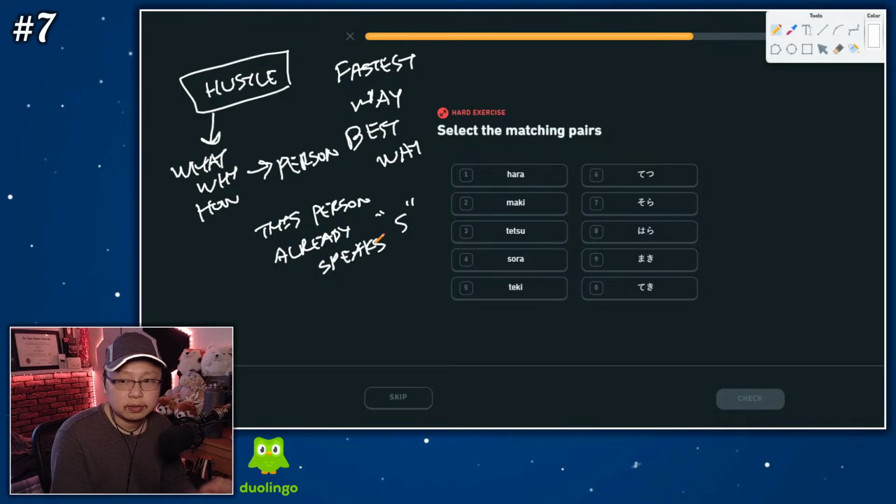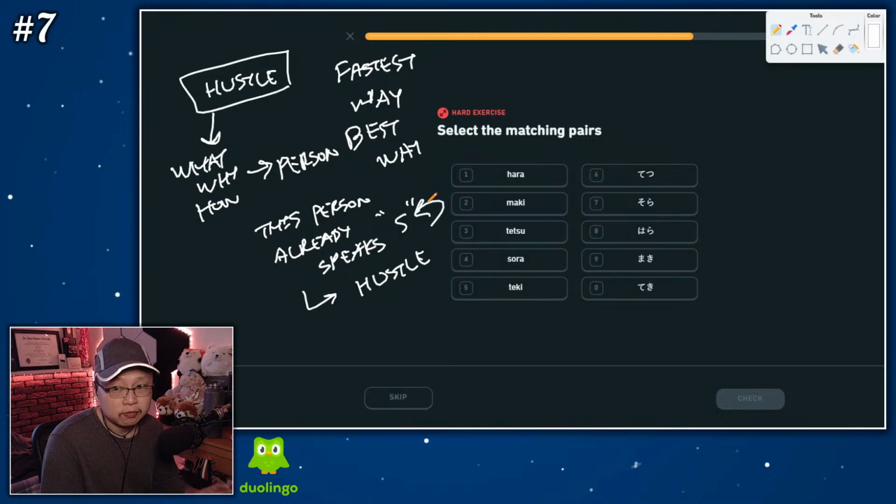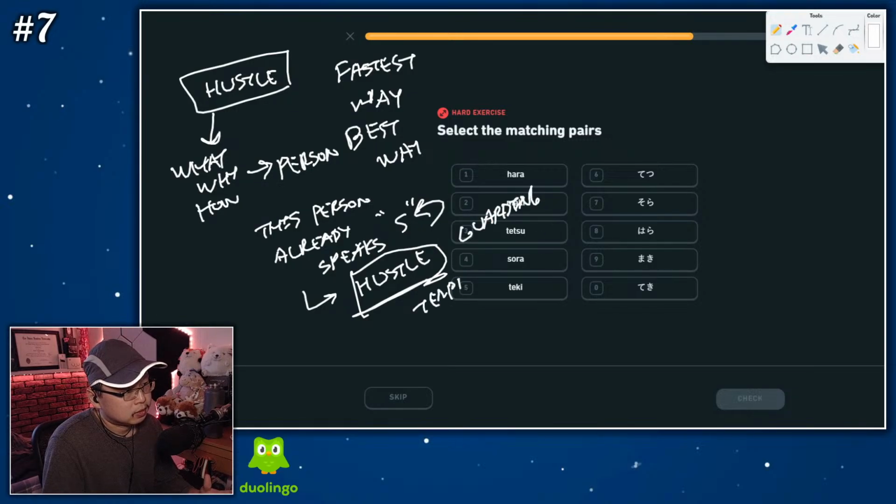The preface is the biggest point to frame yourself, because when you start following the advice, the hustle of someone who speaks 5 languages, it's not that they're lying to you or they're deceiving you. They're doing their best. The idea is you are guarding yourself. You are guarding and tempering your expectations from the hustle.